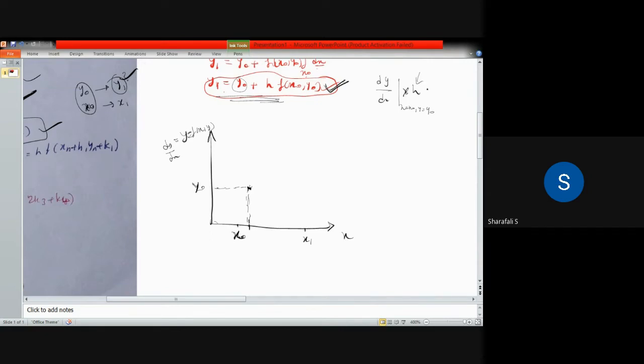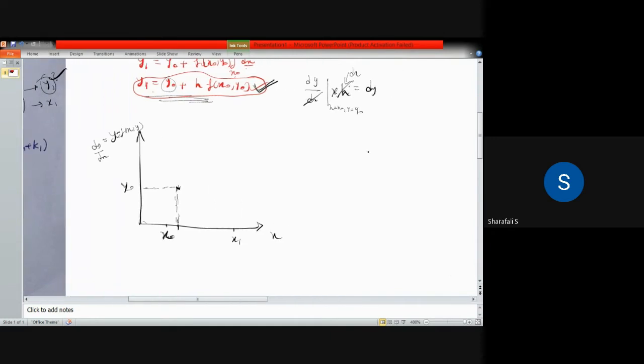This h is nothing but change in x, so this is nothing but dx. So this h and this dx get cancelled, and we get dy. So what is dy, the change in y? In this case, if you consider the next y value as y1 at x1, the change from y0 to y1 will be your dy, that is nothing but y1 minus y0.